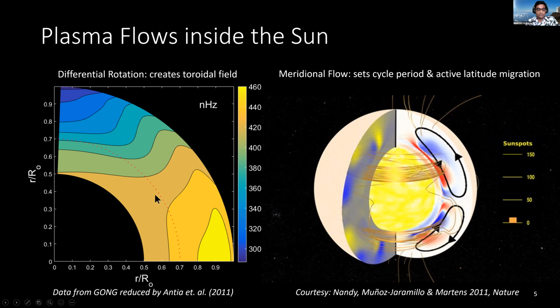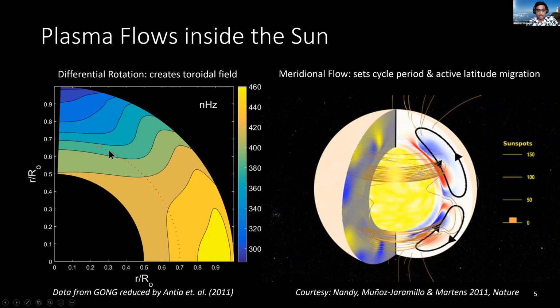These are measurements from global helioseismology, which is a study of the propagation of sound waves inside the sun that allows us to invert the sound wave travel time measurements into plasma flow velocities inside the sun. And you see that the equator of the sun, which is here, rotates faster than the poles. And this rotation rate not only varies with latitude, but also with depth.